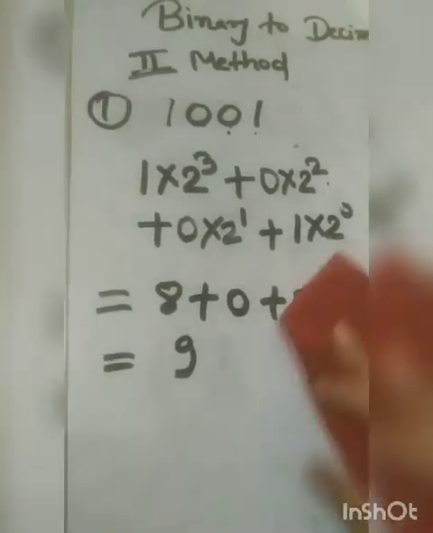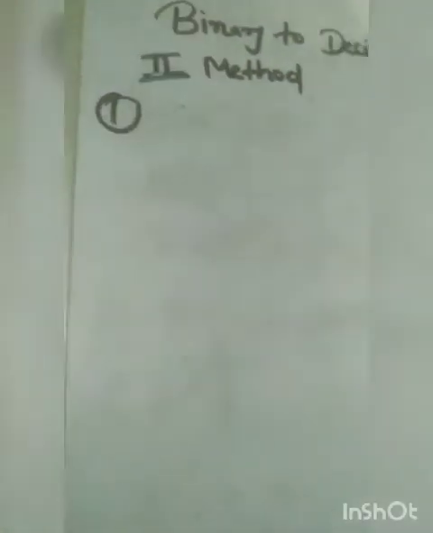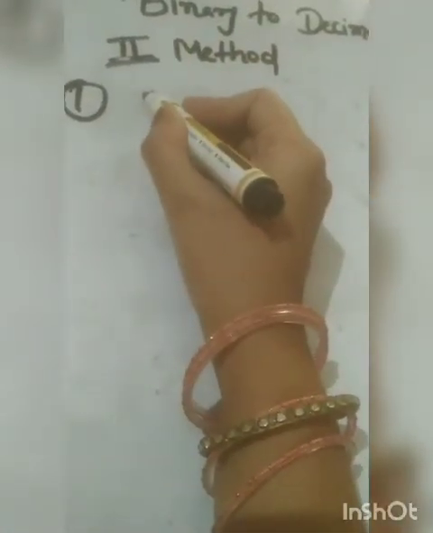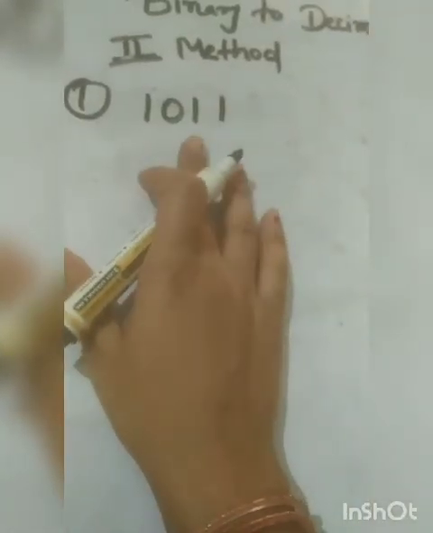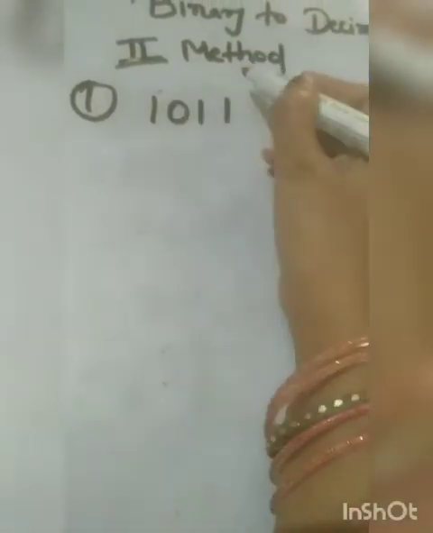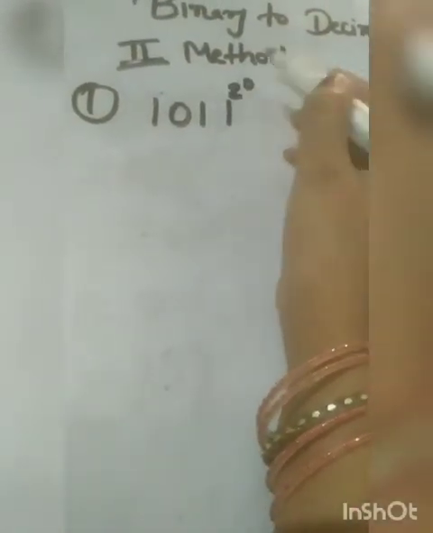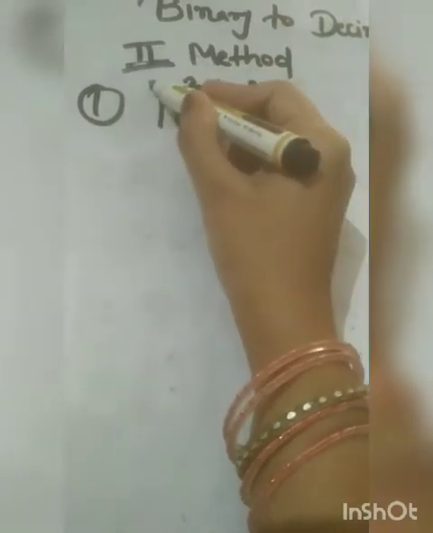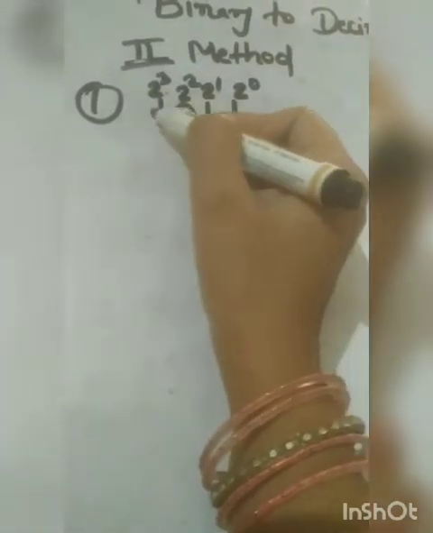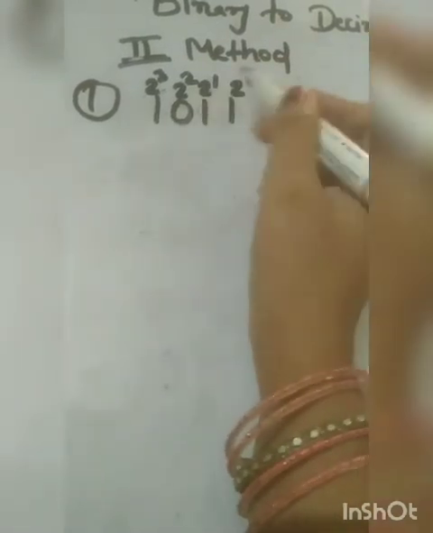So I'm going to show you this method again with another example, which is 1011. Now I'm going to convert this. First thing, you can write 2 to the power 0, 2 to the power 1, 2 square, 2 cube in the binary. Now it will be simple. How?